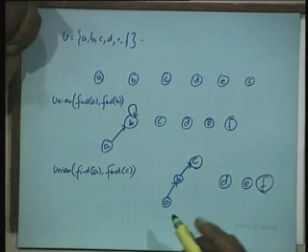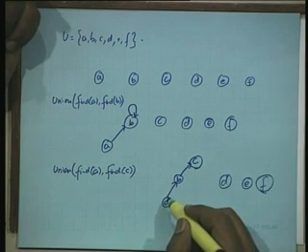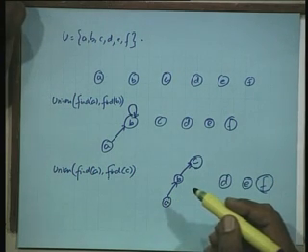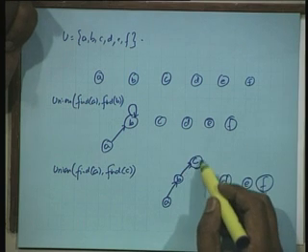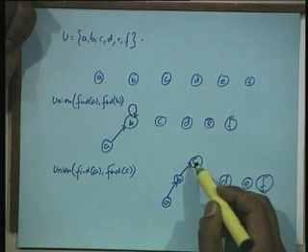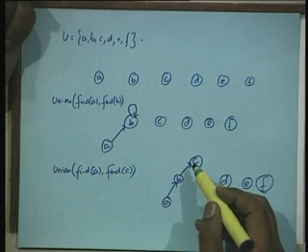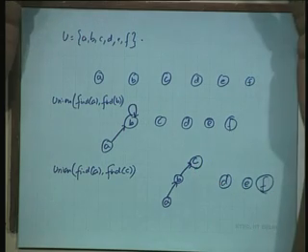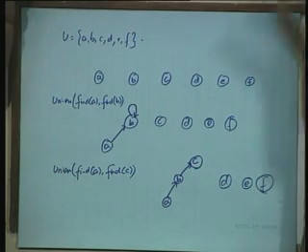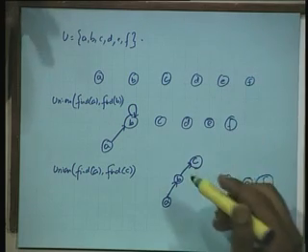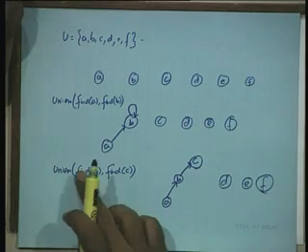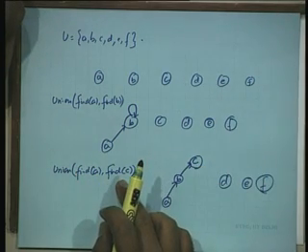Now, if I do a find A, what will be returned? A reference to C, a reference to this node. And when I do a find B, a reference to the same node. So I can compare these two. Actually, it is best to return a reference, because then that can be used by the union operation.